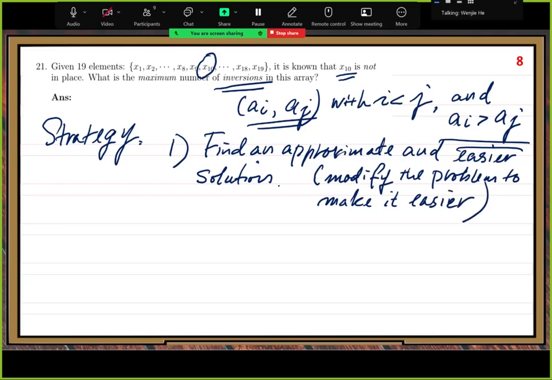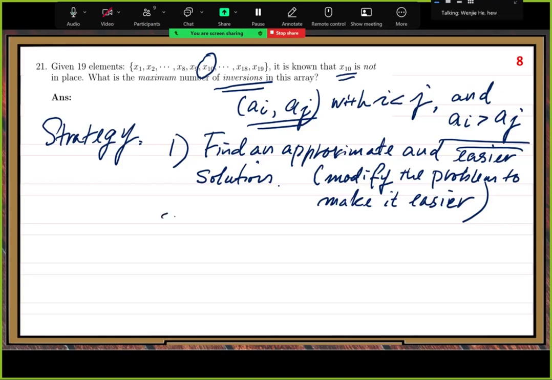Now we solve this easier, modified version of the problem. The solution we treat as an approximate solution, not the same solution.